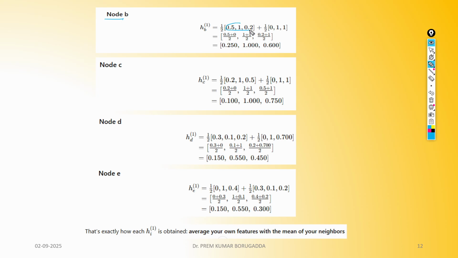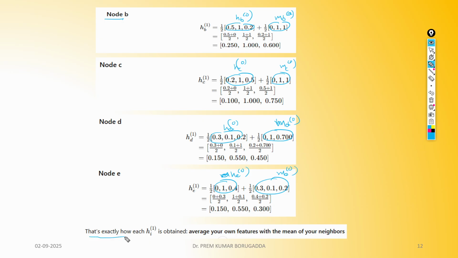This is the HB value, and this is the updated value of MA of 0, and this is the HB of 0, and this is the HC of 0, and this is the MC of 0 value, and this is the HD of 0, and this is the MD of 0. For node E, this is the HE of 0, and this is the ME of 0. So this is the way we are going to calculate it.